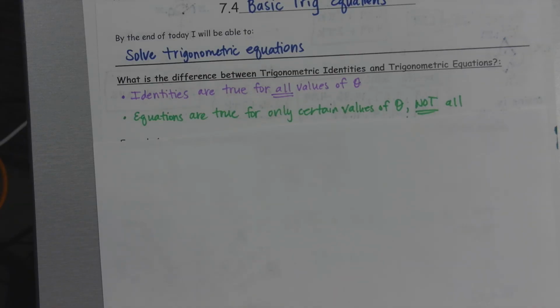And then equations are only going to be true for certain values, not all of them. Okay, so today we're solving equations, so we're going to find certain values of theta that will satisfy the equation. If you were to plug a value into theta for any of those identities that we are proving, it would work for all values.